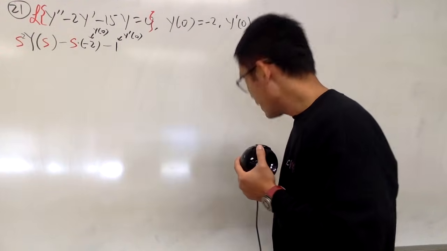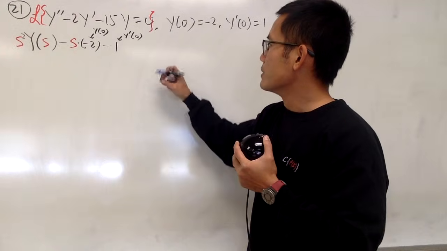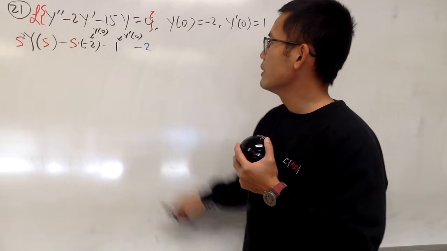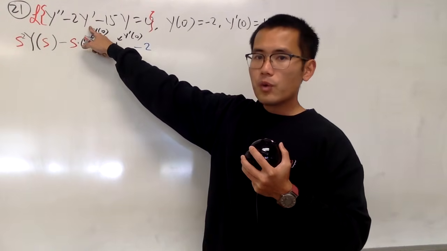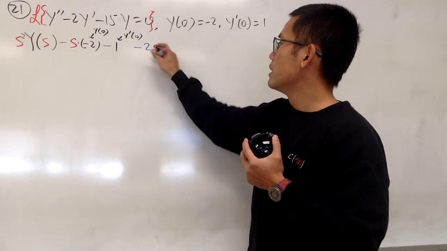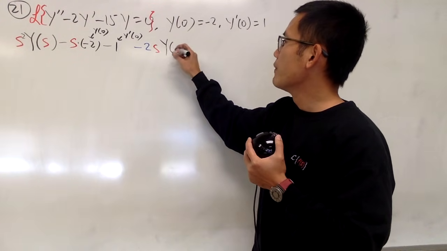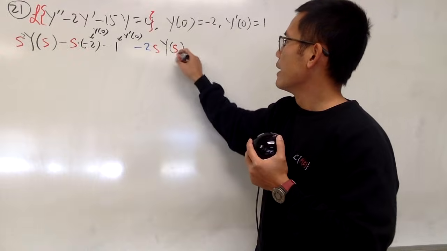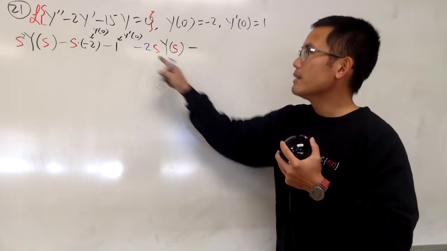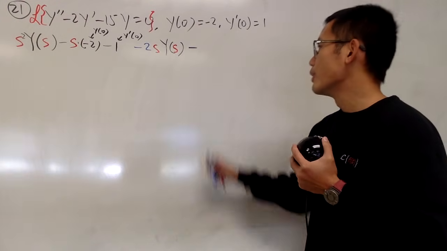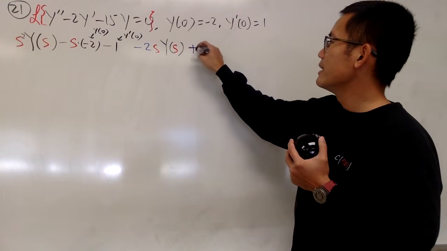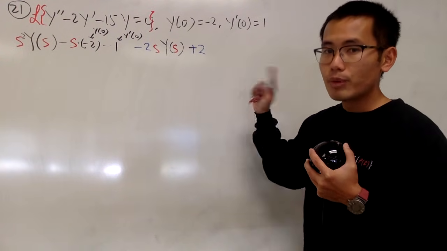Next, we have the minus 2, so we have to do minus 2 times the Laplace transform of y prime, which is s Y of s, and then minus y of 0. But it was a minus 2, so I have to do minus, and then the 2, and then we have to multiply by what?